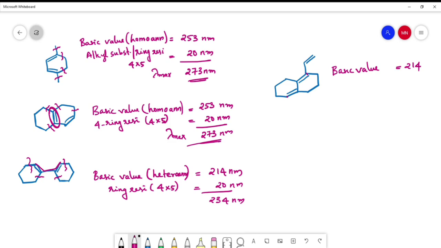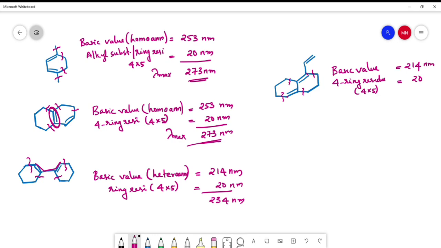Now if you are counting the ring residues, 1 over here, 2 over here, 3 over here, and 4 over here. 1, 2, 3, 4. So 4 ring residues. So 4 into 5 equal to 20 nanometer. Remember that I have not counted this one.